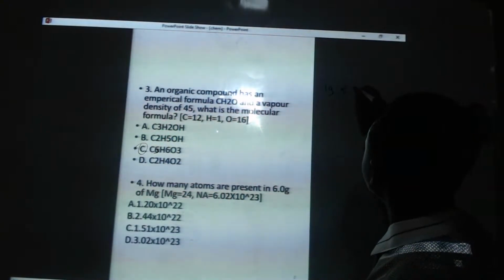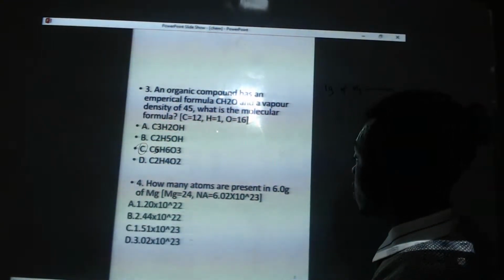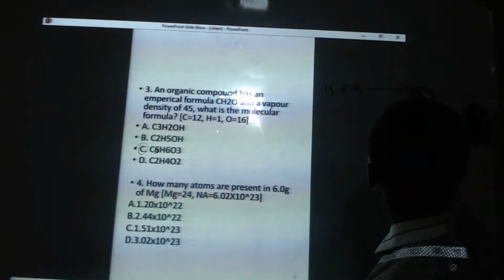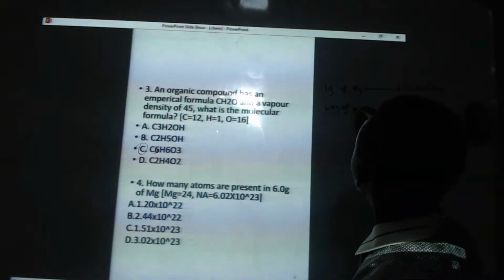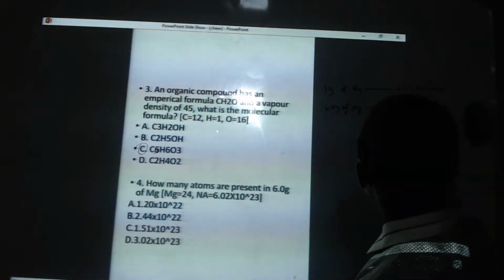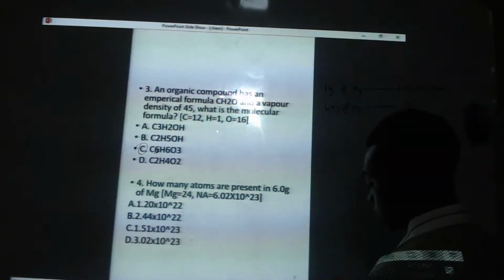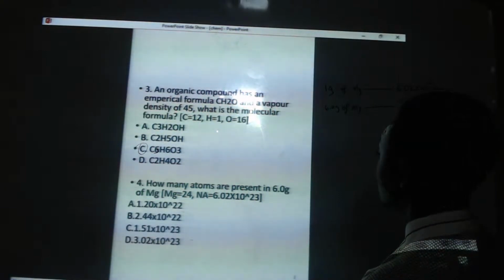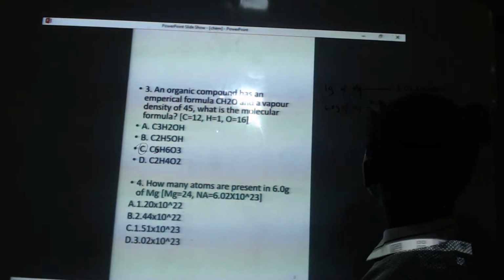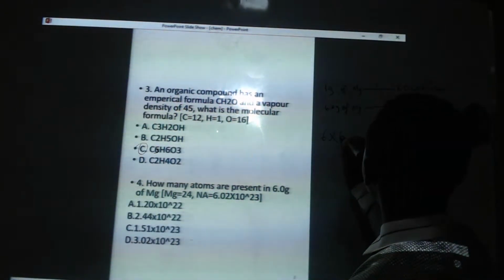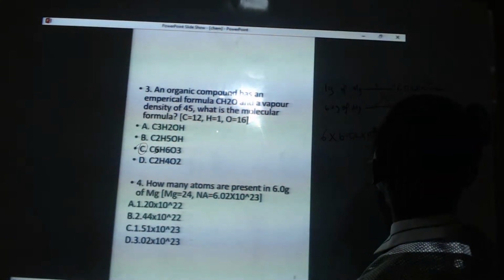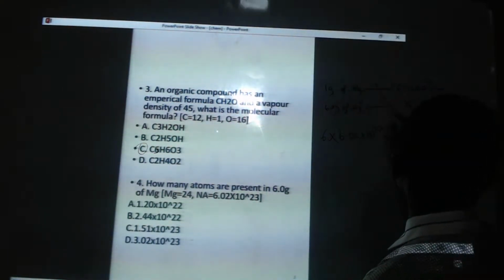Now, 24 grams of magnesium is going to be 6.02 times 10 to the power of 23 atoms. 6.0 grams of magnesium should give you X. This is very easy to solve. There's no need of writing at length since this is an objective question. So you are going to do what they call cross multiplication here. It's going to be 6 times 6.02 times 10 to the power of 23 equal to X times 24.